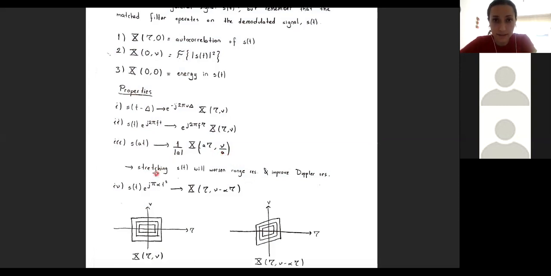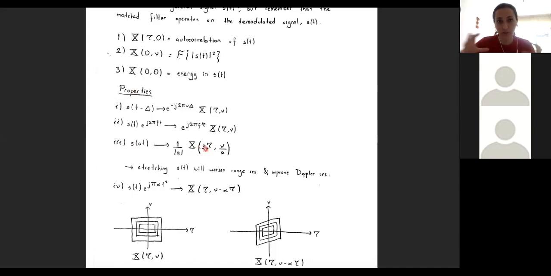So what is the interpretation of this property? If you stretch, if you enlarge your s(t) signal, if you have an enlarged signal at the input of the matched filter, then your ambiguity function will also get enlarged along the delay mismatch dimension, but it's going to get squeezed in the velocity mismatch dimension. What will this cause?